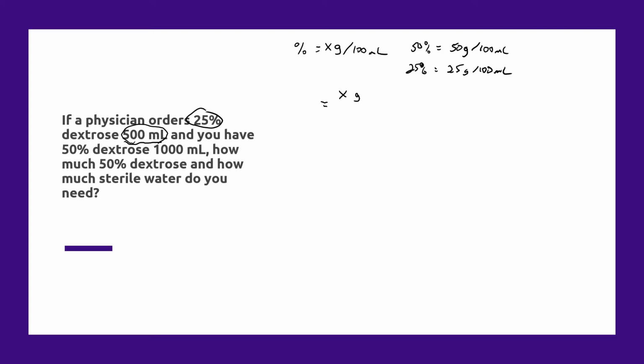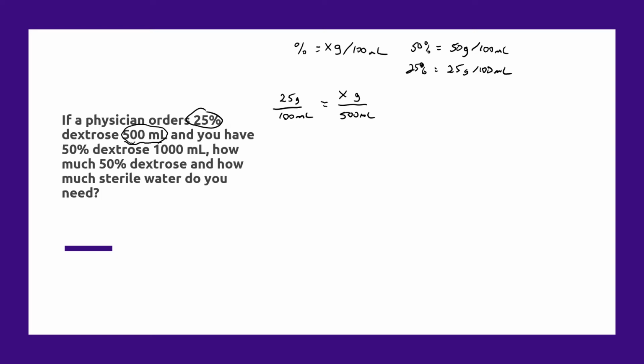So how many grams are there in 500 milliliters, when we know at 25% concentration, there are 25 grams per 100 milliliters. When you put your unknown in the numerator on the right, you need to make sure your units match up on the left. So we've got grams in the numerator, milliliters in the denominator.